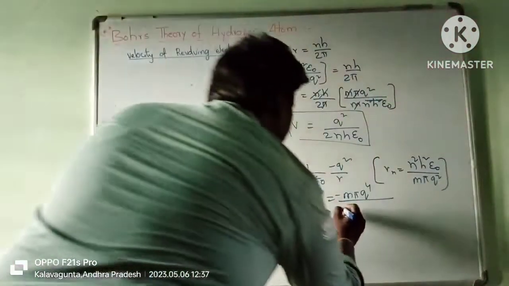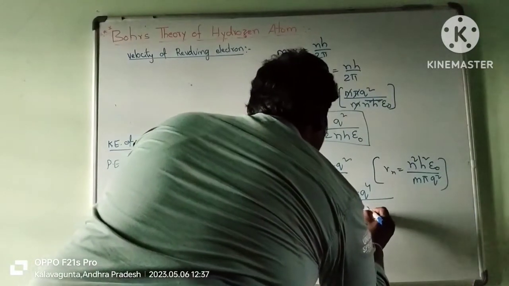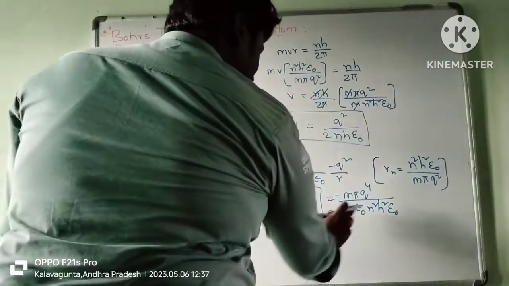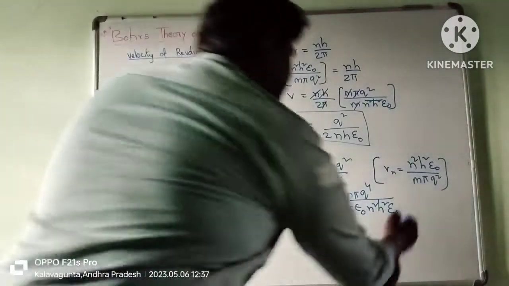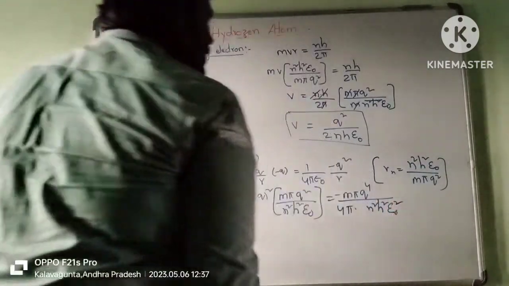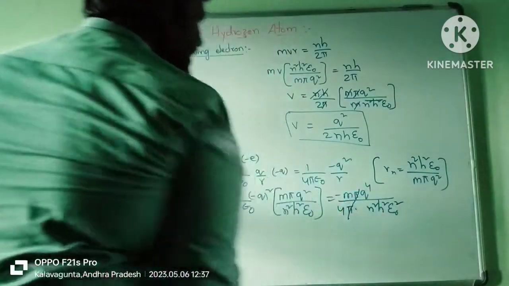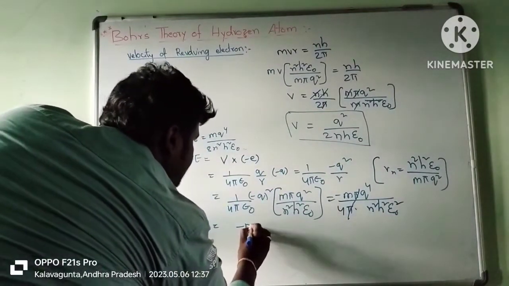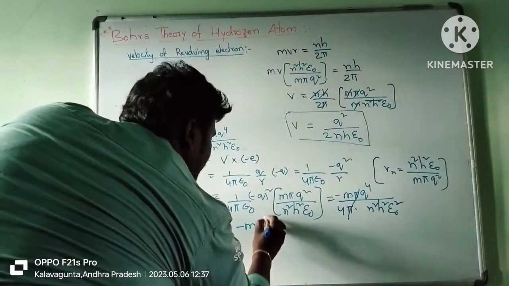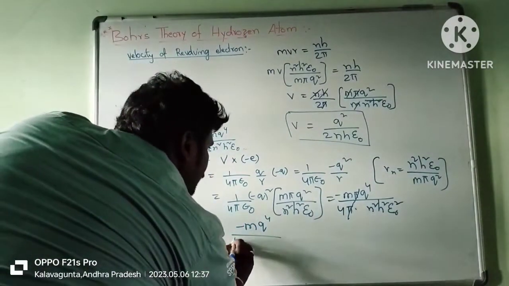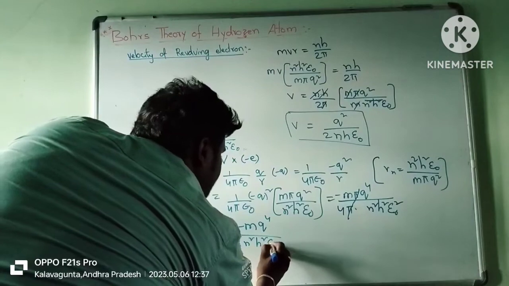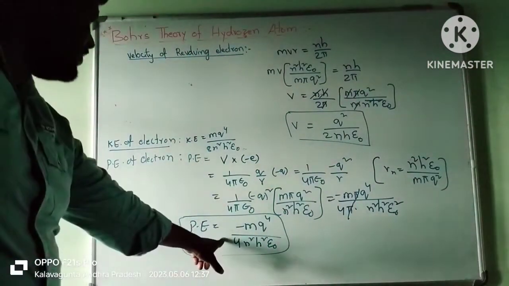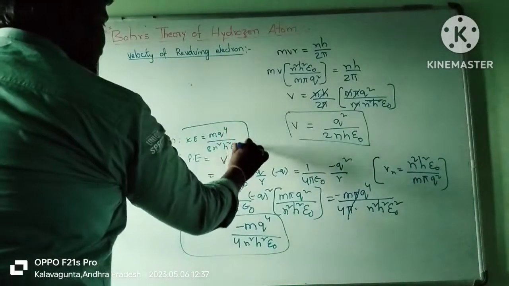Now in the denominator 4 pi epsilon naught n square h square epsilon naught. Here I am going to write epsilon naught square. Now 1 pi gets cancelled. Now the potential energy becomes minus m q power 4 by 4 n square h square epsilon naught. This is the potential energy formula, and now this is the kinetic energy formula.